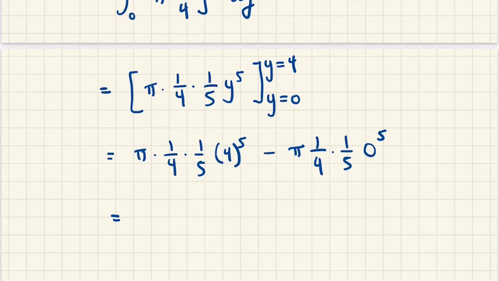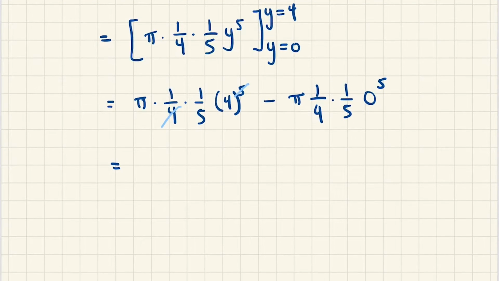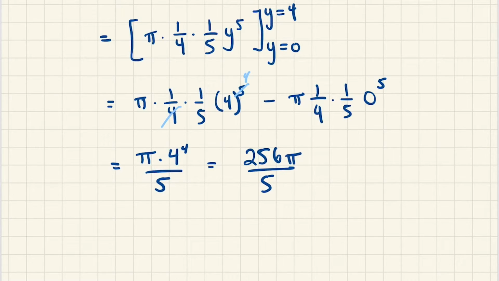So here, this 4 cancels with one of the 4s, so we get pi times 4 to the 4 over 5. 4 to the 4 is 2 to the 8, so computer scientists might know that that's 256 pi over 5.